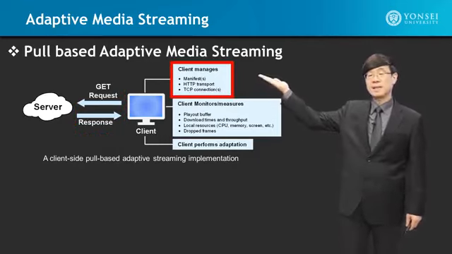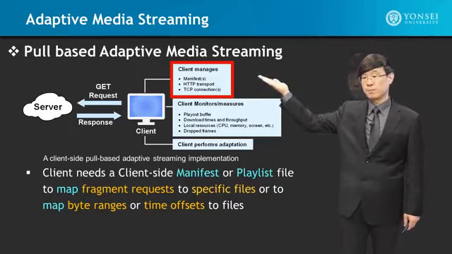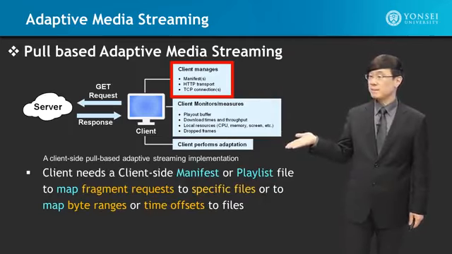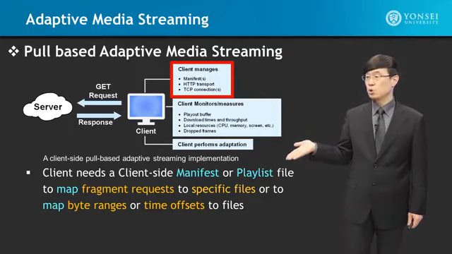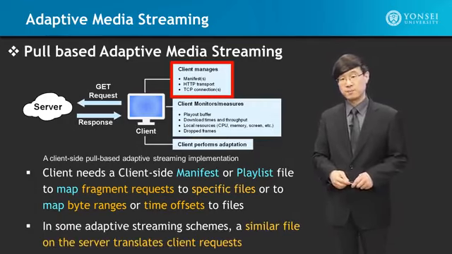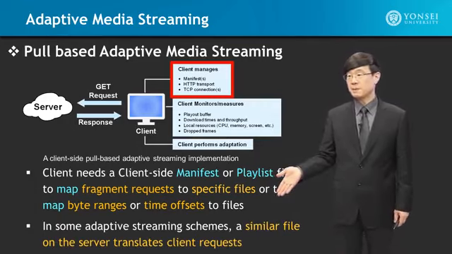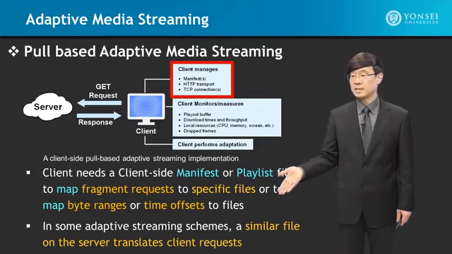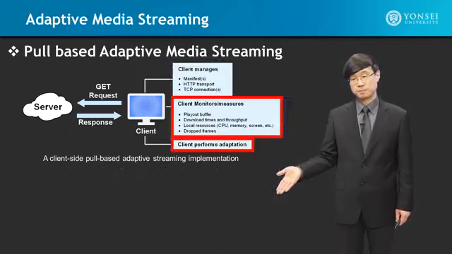Then comes the client managing components. The client needs a client-side manifest or playlist file to map fragment requests to specific files, or to map byte ranges or time offsets to files. In addition, in some adaptive streaming techniques, a similar file on the server translates client requests.